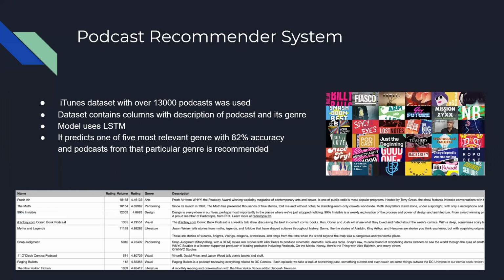We picked genres which had more podcasts and were more relevant to our target. We then applied an LSTM model to predict the genre. Our algorithm predicts one of the 5 most relevant genres with 82% accuracy, and podcasts from that genre are then recommended to the users.